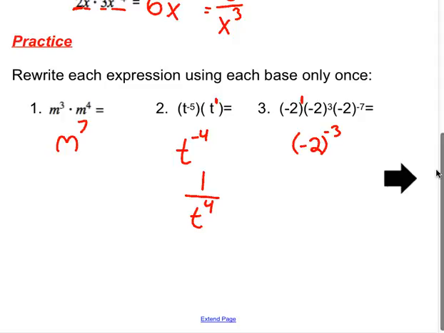Negative exponent is a negative attitude, so I'm going to move that down so it can get a better attitude. Now because this is numerical, I can actually calculate that. Negative 2 cubed, so negative 2 times negative 2 is a positive 4, times negative 2 again gives me a negative 8. So this is going to be negative 1/8.